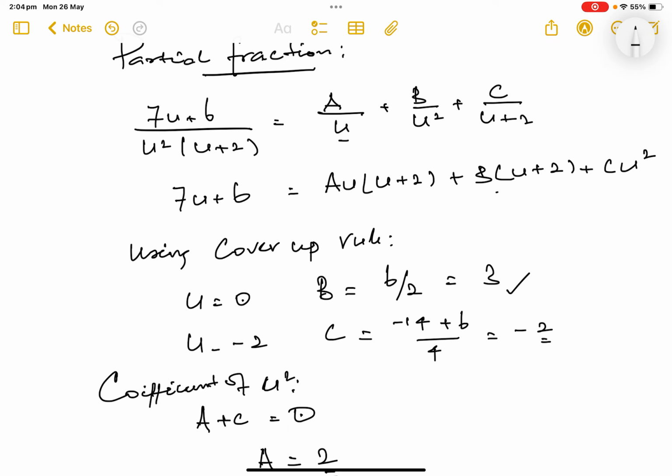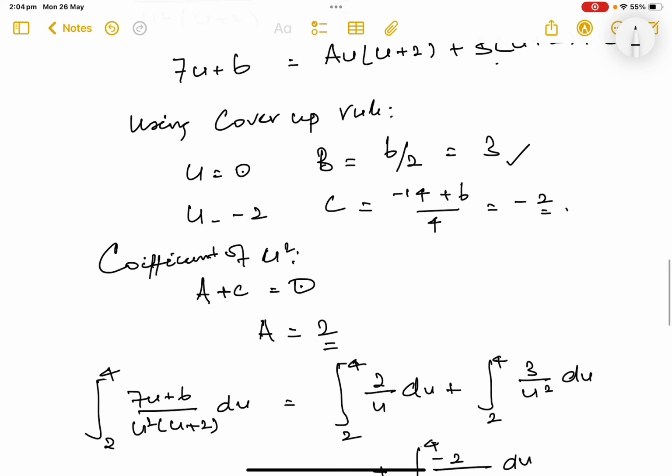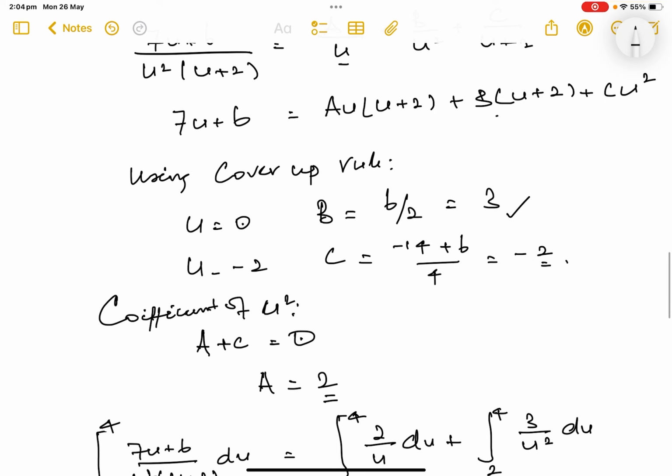Then C, the same thing: the denominator u + 2, make it 0, so u equals minus 2, and cover the u + 2 on the left-hand side, then substitute the value for the rest of the u's. 7 times minus 2 plus 6 over minus 2 squared. 7 times minus 2 is minus 14, plus 6 over 4. So minus 14 plus 6 is minus 8, divided by 4 is minus 2. C is minus 2.